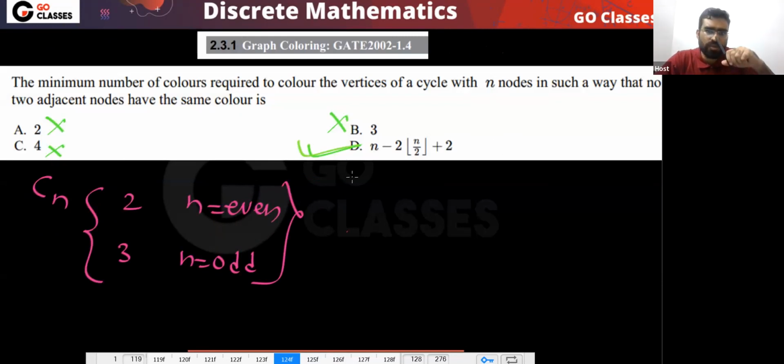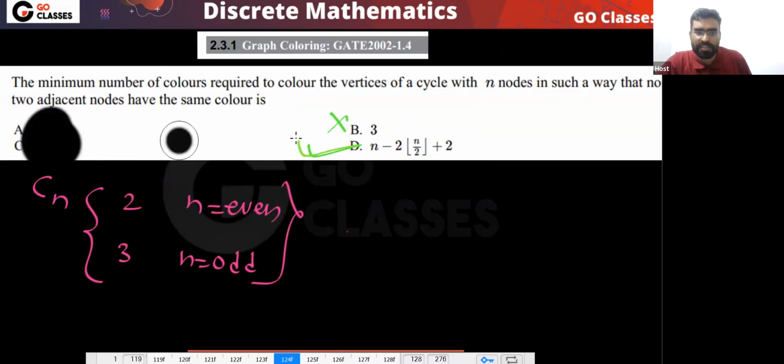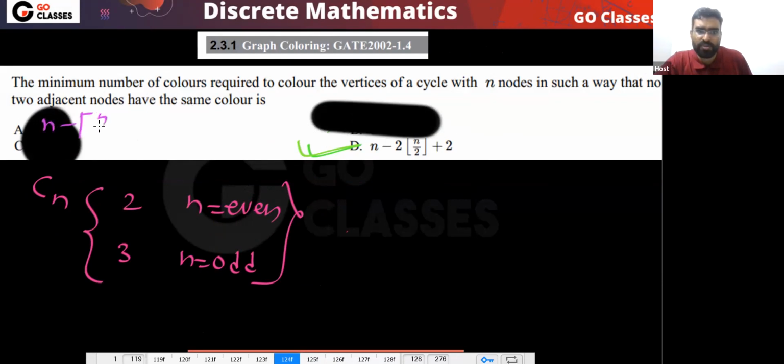Can you observe one thing about the GATE exam? Please make one observation. Many people know this thing. But here, instead of simple options, they can give complicated options like this.